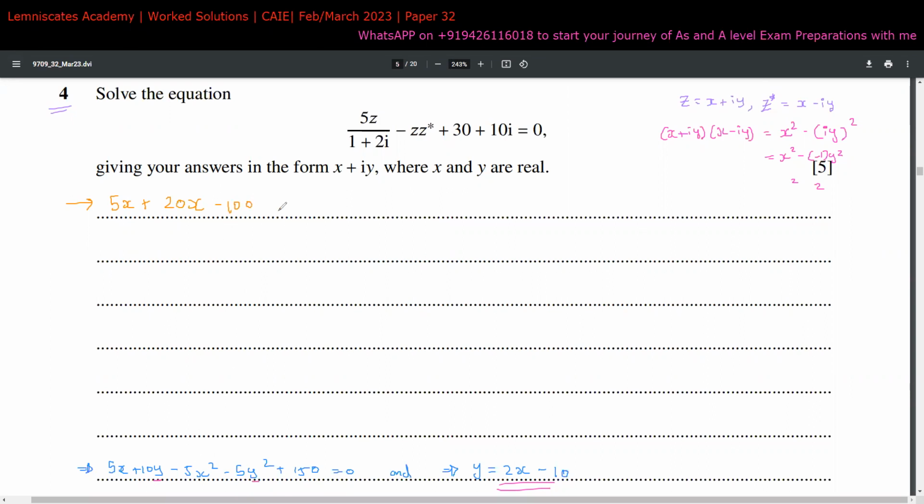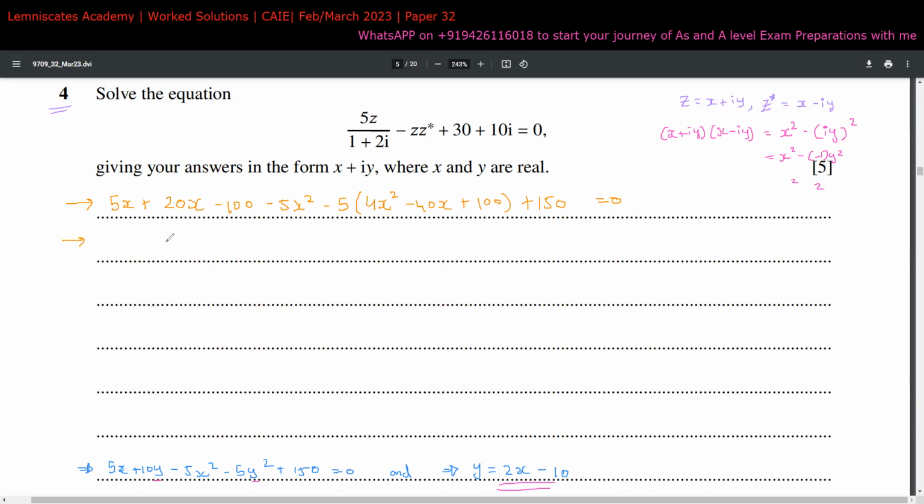Then minus 5x squared, then minus 5 times the square of this. 2x squared becomes 4x squared. Then 2 times 2x times minus 10, so that becomes minus 40x, plus minus 10 squared is 100. So we are done with that. Plus 150 is equal to 0.